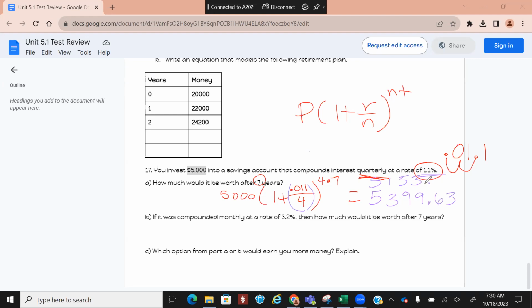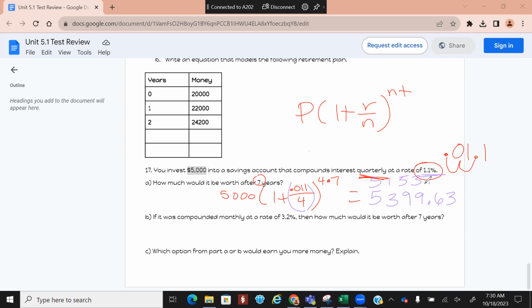Okay, so you have to make sure that you're typing it in correctly. When you type this in, you're using those parentheses around the fraction, and then you're using parentheses around that entire thing. So we got 5,000 parentheses 1 plus 0.011 divided by 4.